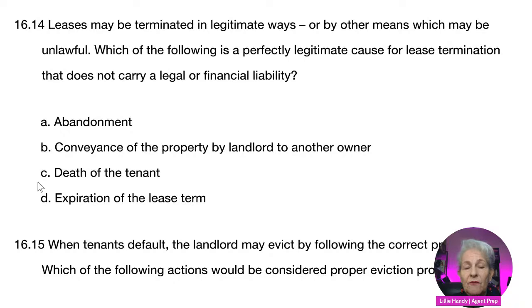C, death of the tenant. Or D, expiration of the lease term. So again, leases may be terminated in legitimate ways. Which of the following is perfectly legitimate cause for lease termination that does not carry legal or financial liability?